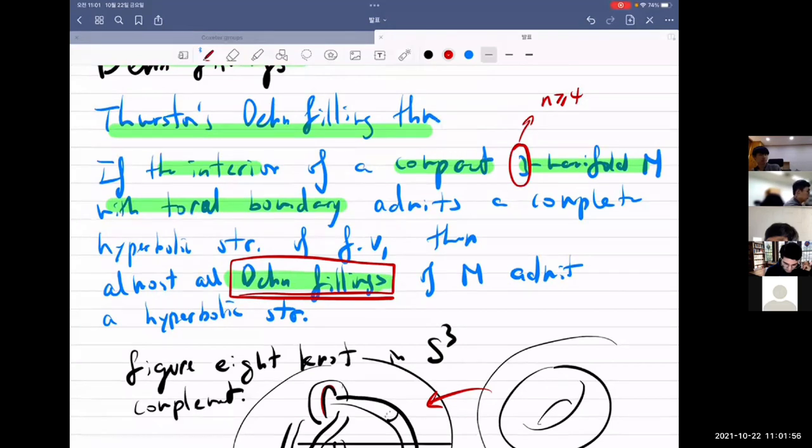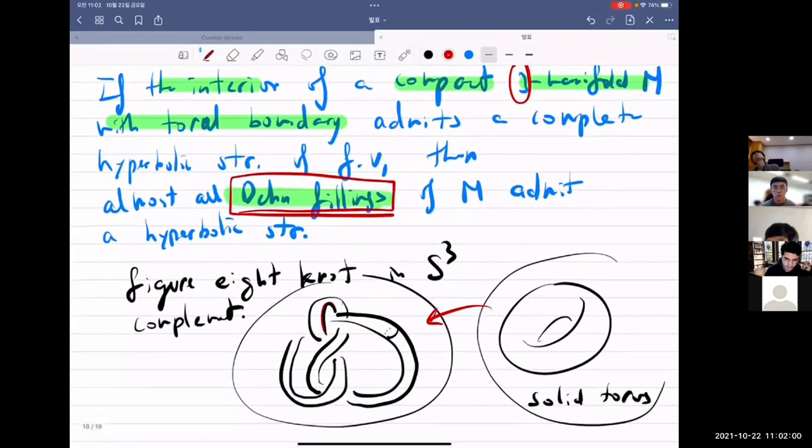Even though we can think about a similar situation: imagine compact n-manifolds with torus boundary, and then we can think about the higher dimensional solid torus, so we can glue together, right? And then we obtain again the Dehn fillings for higher dimensions, but these Dehn fillings do not admit hyperbolic structures when the dimension is bigger than or equal to 4.